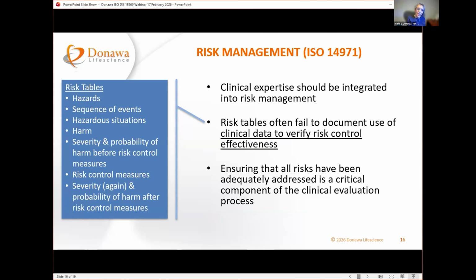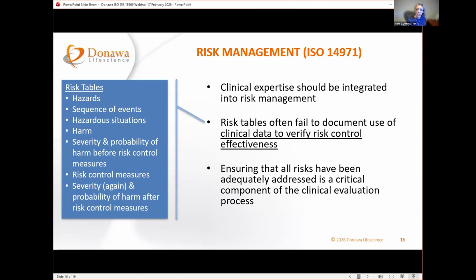So all of this information is critical. Then you have the severity and probability of that harm before you have defined your risk control measure, something you're going to do to reduce, it's hard to eliminate a risk, but to reduce it to an acceptable level. And then you have the risk control measures themselves.